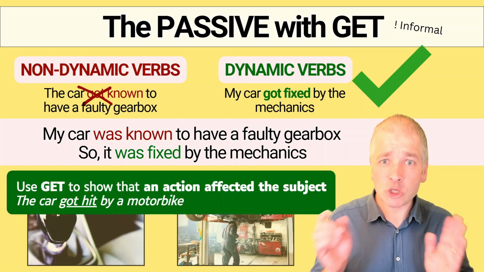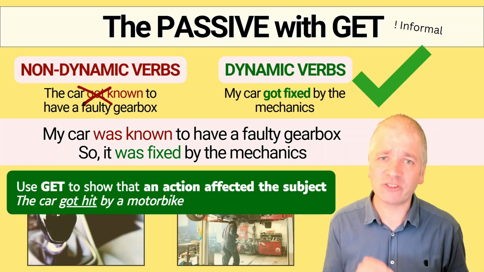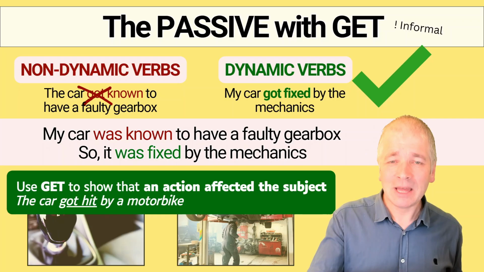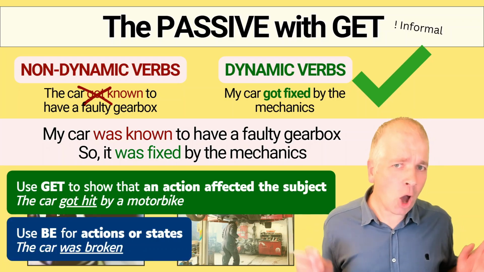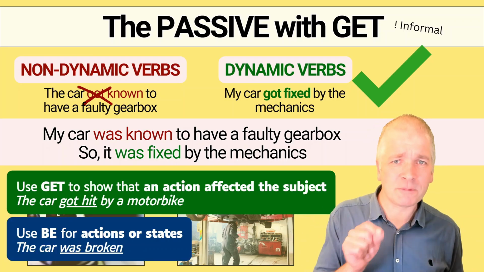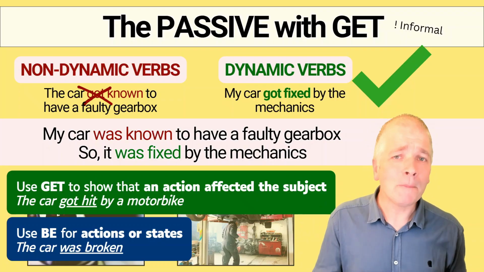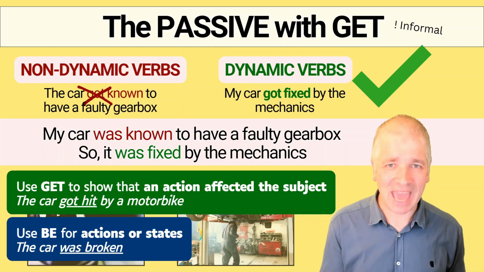So to revise, you could use get to show that an action affected the subject, such as the car got hit by a motorbike, but we can only use states with the verb to be. We can use actions and states with the verb to be, but only actions with get.